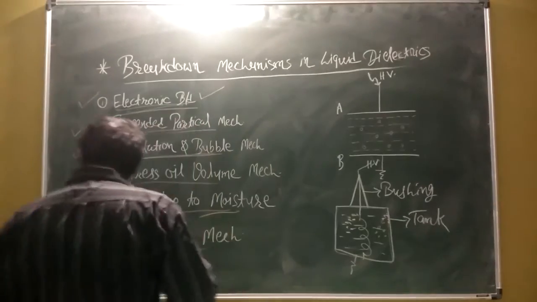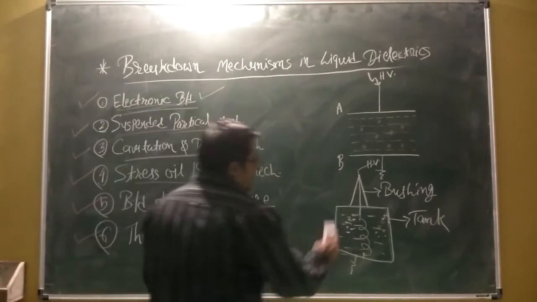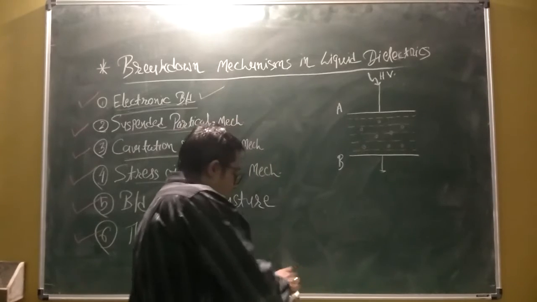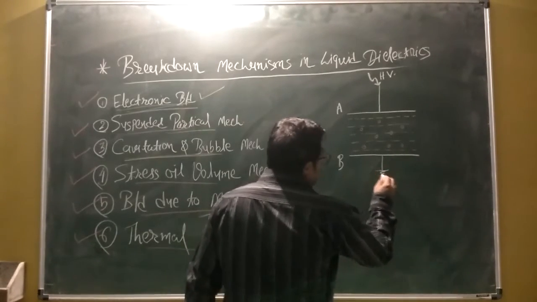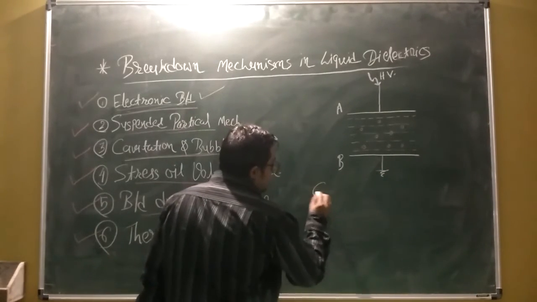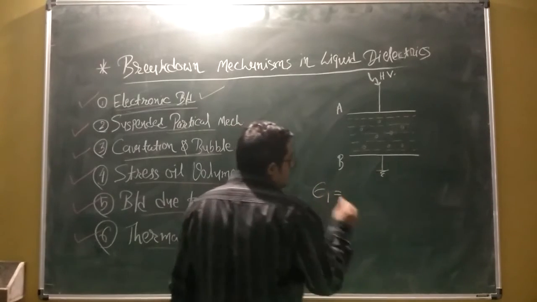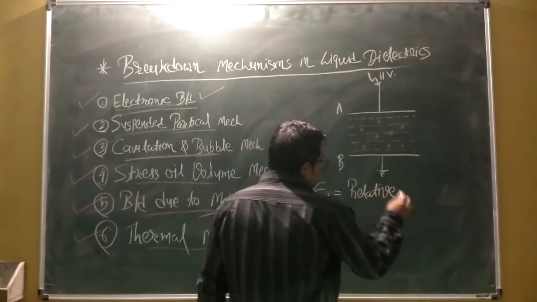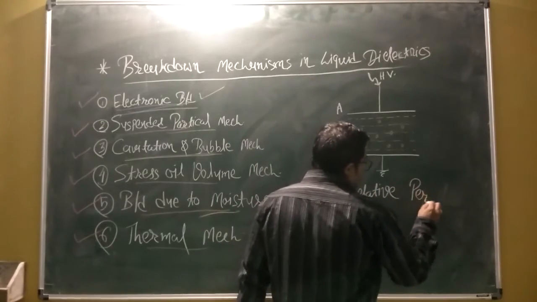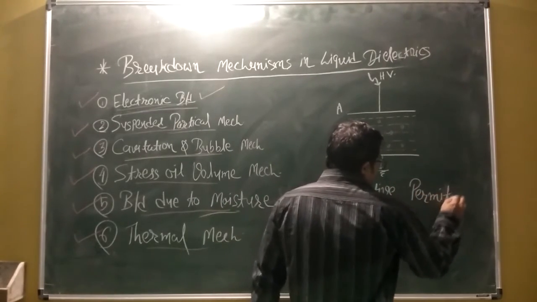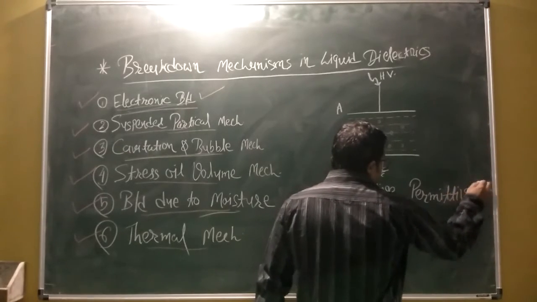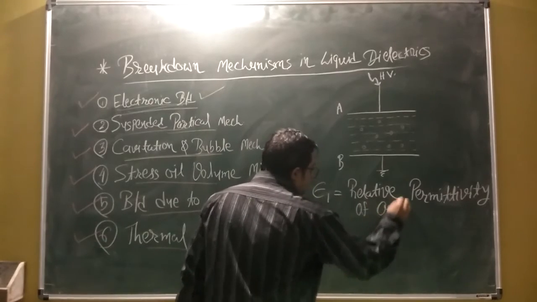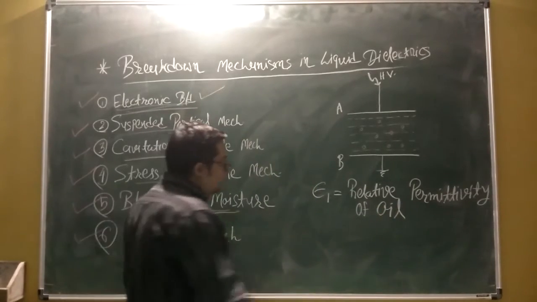So let us assume that the relative permittivity of the liquid, the relative permittivity of oil, is epsilon 1.